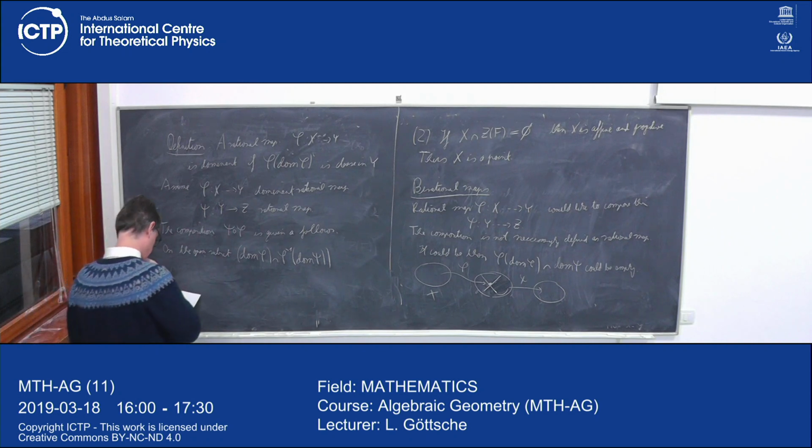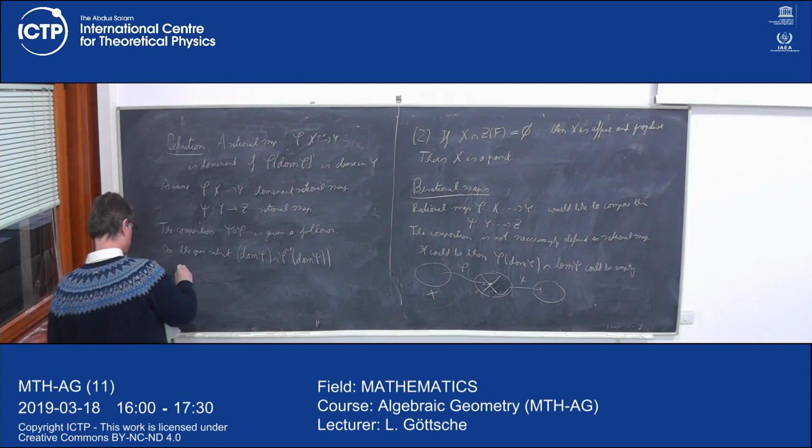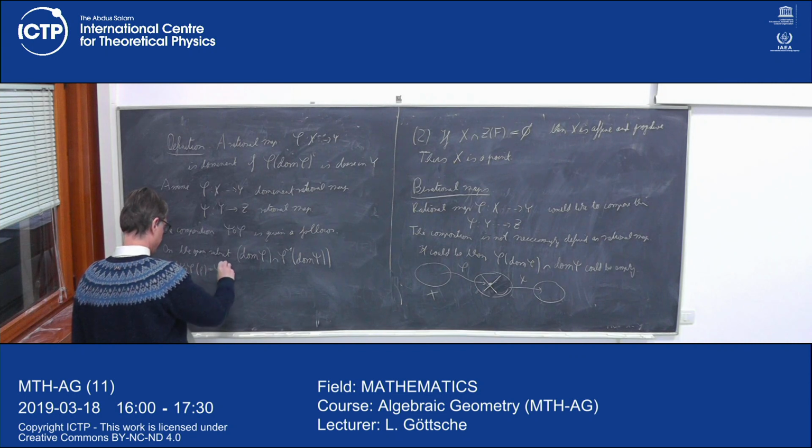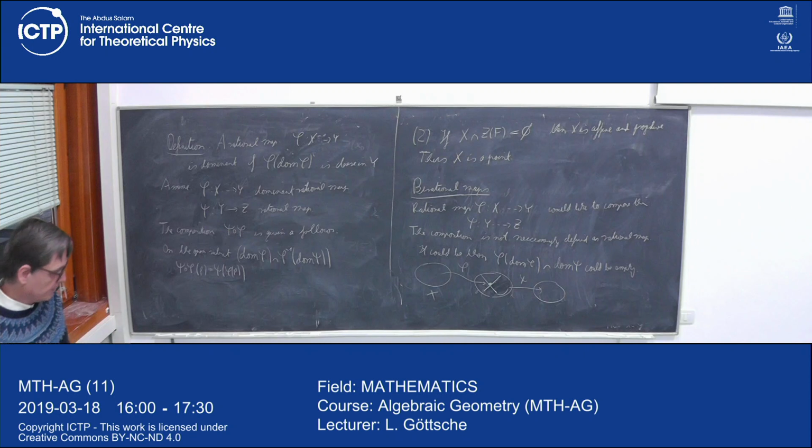So psi composed with phi of P is just psi of phi of P. And we can see that this is a rational map.